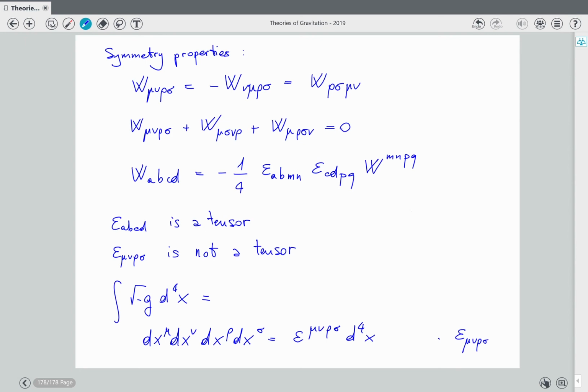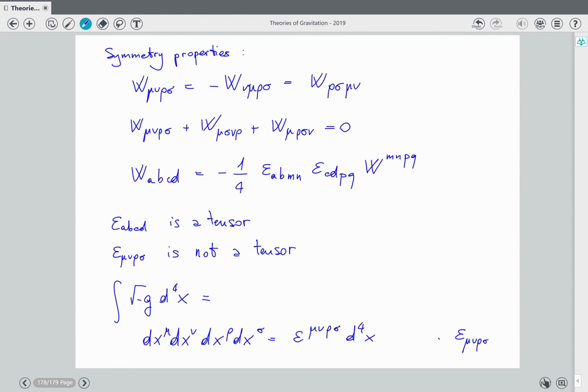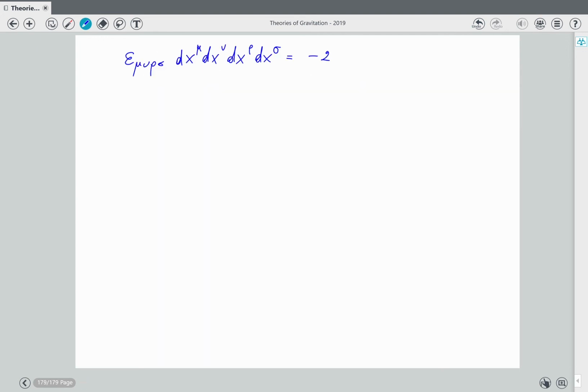And then what do you get? You get epsilon mu nu rho sigma dx mu dx nu dx rho dx sigma, that is equal to 2 epsilons, which is minus 24, d4x.